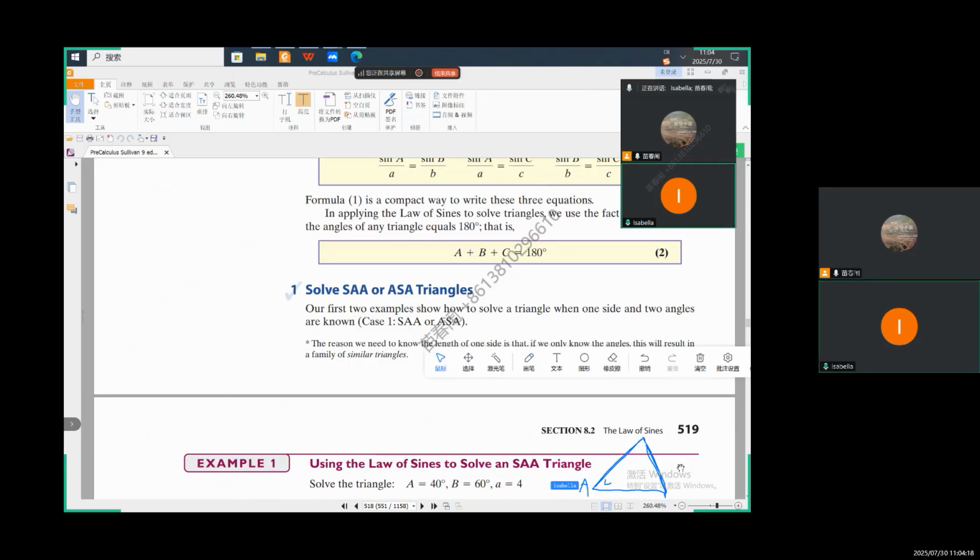Let's say this is A. Okay, so sine A is sine 40 degrees, which is... not sine, okay.